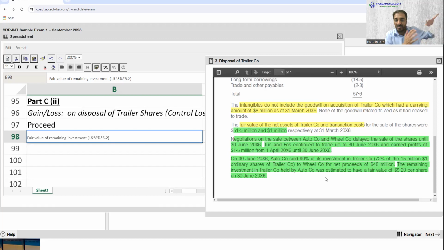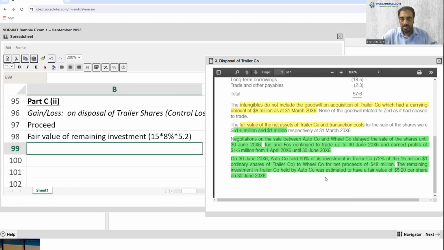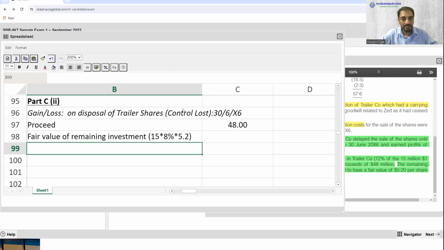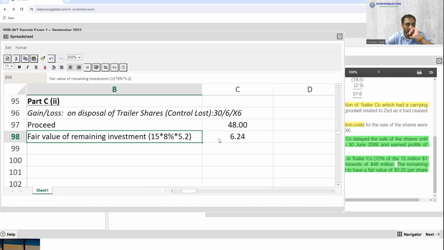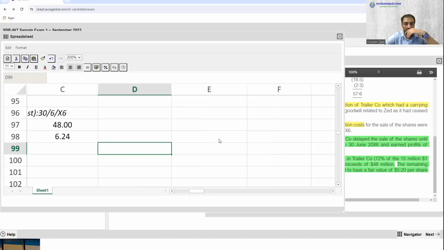So out of 15 million, the remaining is 8%. So 15 into 8% into 5.2 gives 6.24.